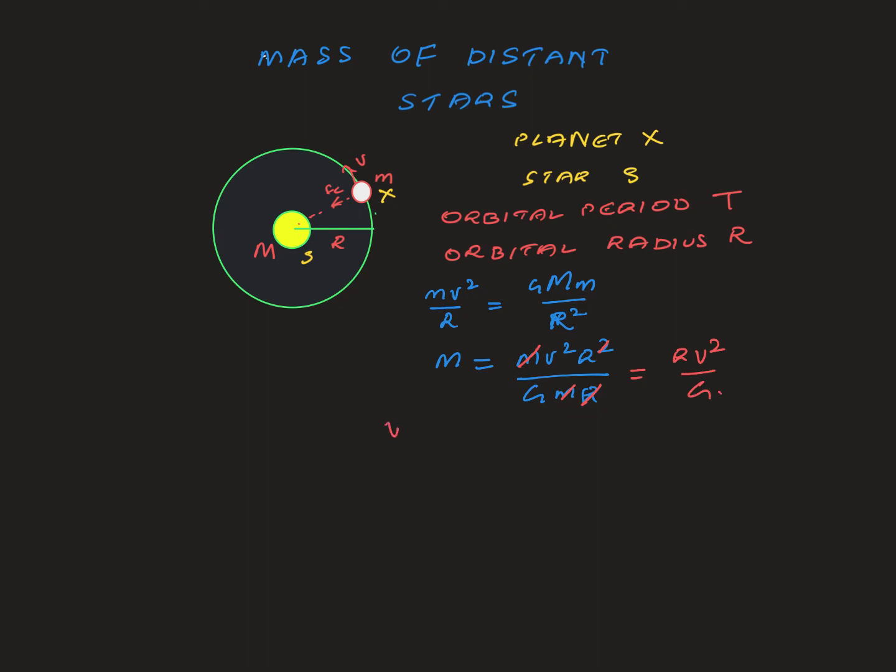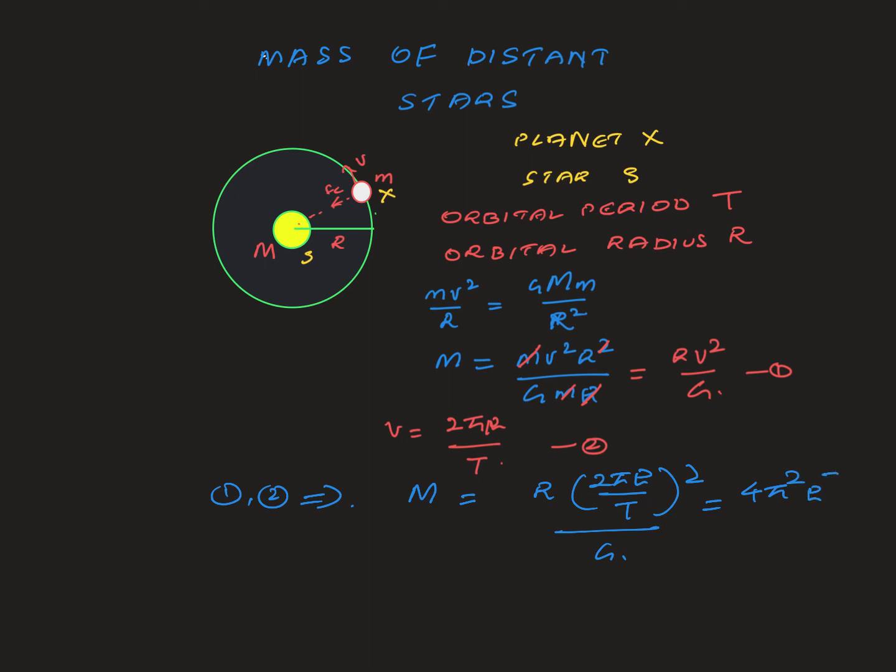We know that v is 2 pi r divided by T. If we substitute that, from equation 1 and 2, what we get is mass M is equal to R v squared, which is R times (2 pi R over T) squared, divided by G. And if we solve this, what we get is 4 pi squared R cubed divided by G T squared.